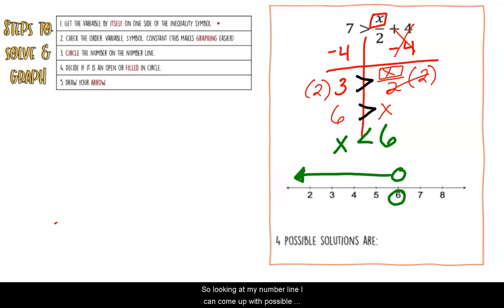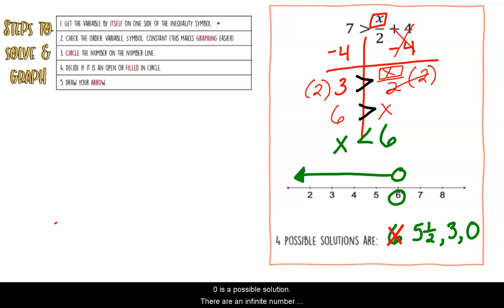So looking at my number line, I can come up with possible solutions. Now this time 6, if I were to write 6, 6 is not a solution because it's not less than 6. So 6 would not be a possible solution. However, 5.5 would be a possible solution because it's less than 6. 3 is a possible solution. 0 is a possible solution.